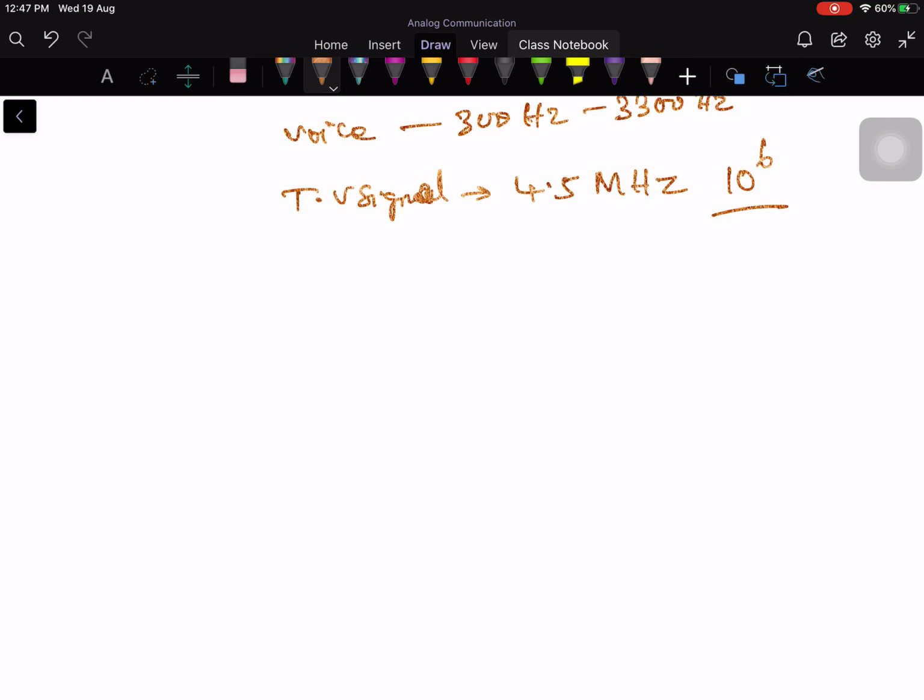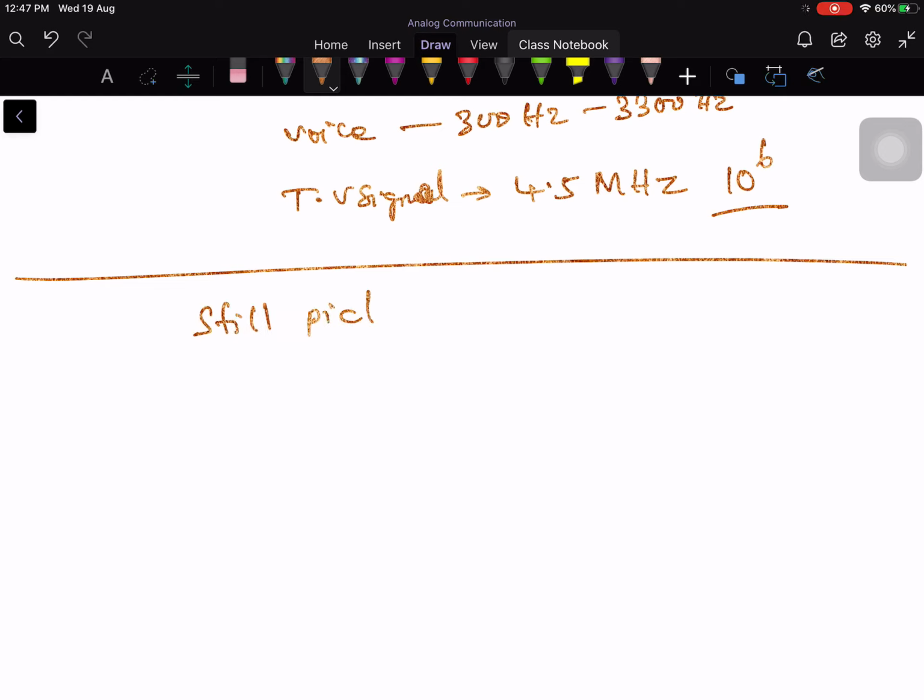On the other hand, if I am transmitting a still picture, you want to scan some document and send it to somebody else, or you want to scan your photograph and send it to others, then I don't need very high bandwidth. If I want to transmit still pictures, then I have less constraint. I can scan it very slowly, it's not an issue.